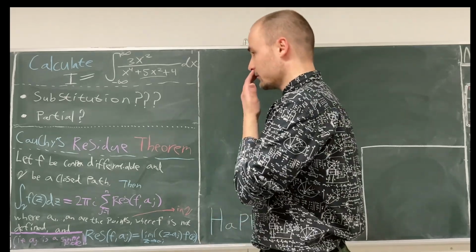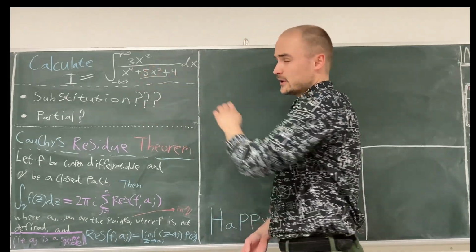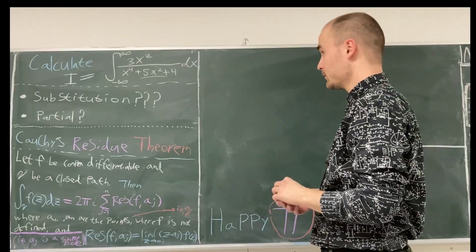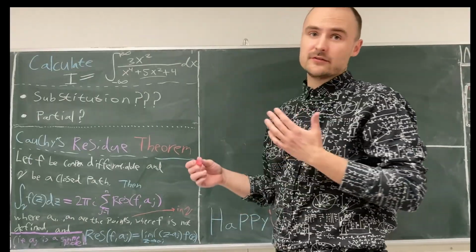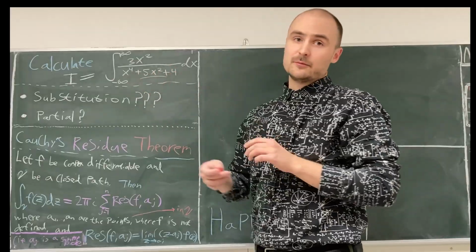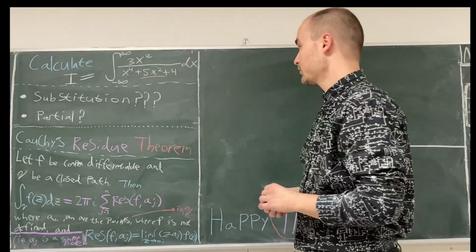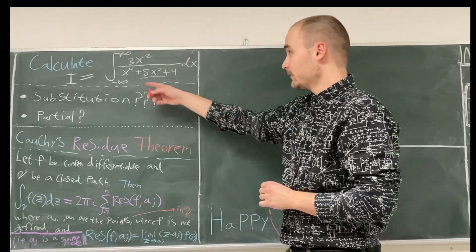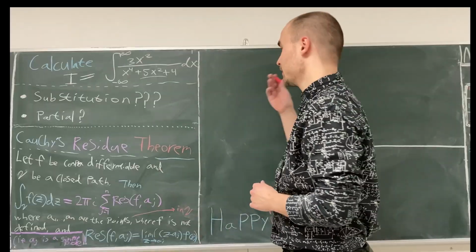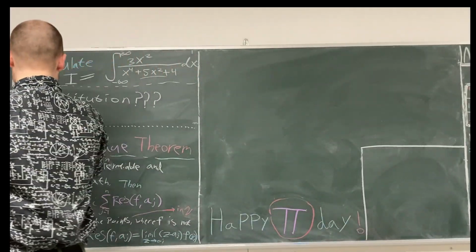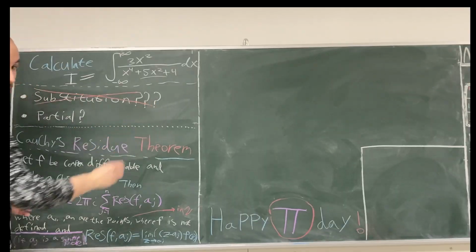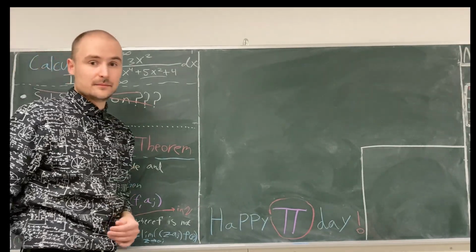The problem with substitution is that in the numerator we have a second degree polynomial, and that should very well be the derivative of the denominator in some way if we are to use substitution. But obviously the derivative of the denominator is a third degree polynomial, so we can't use substitution right away, at least.